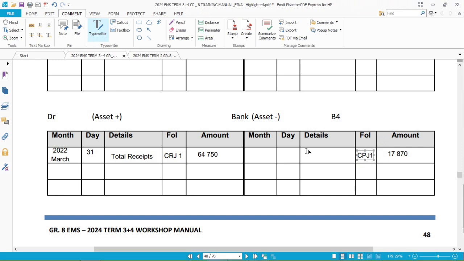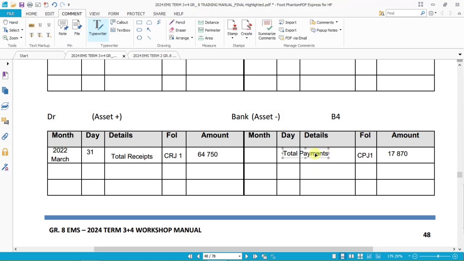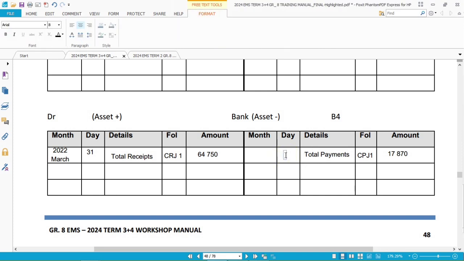And by details, I write total payments. The day I'm going to write here is 31st, and then 2022 March. Okay, this is my month.